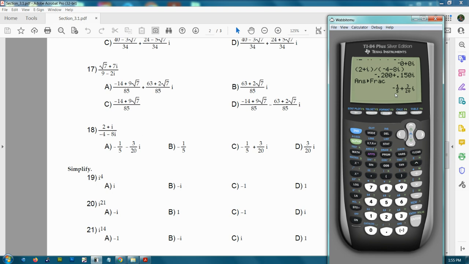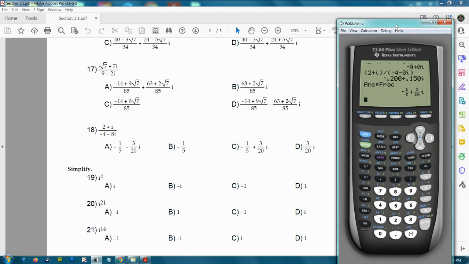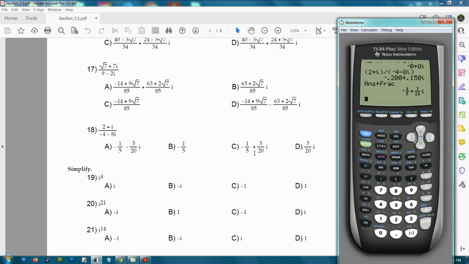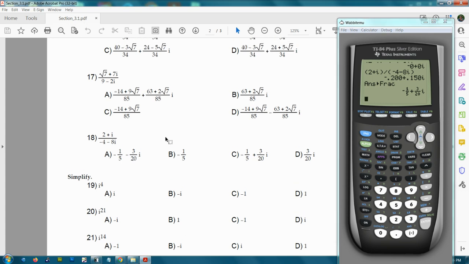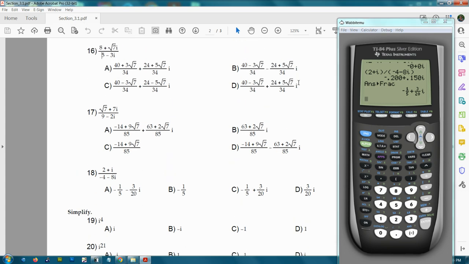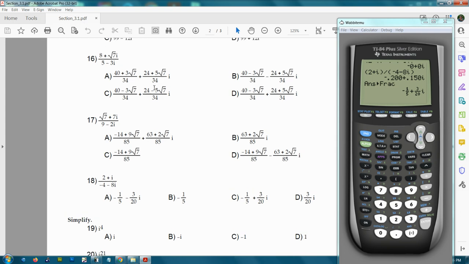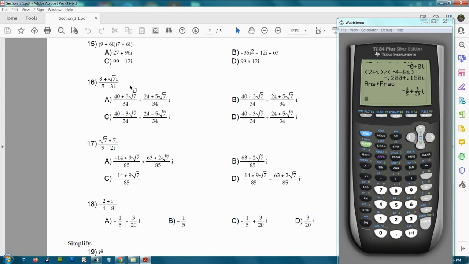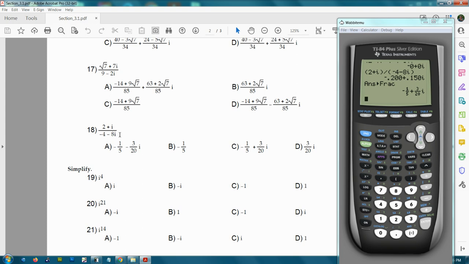Negative 1/5 plus 3/20 of I. This is number 18, and of course it's our favorite, letter C right here. So it works for 18 because 18 had answers that didn't have these crazy radicals. So 16 and 17 I've got to do manually. So we will do that.